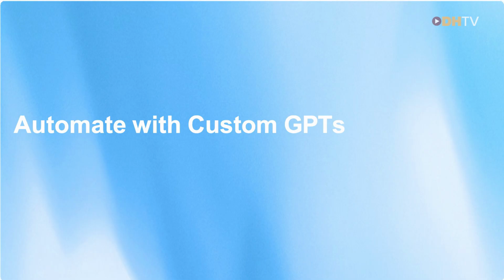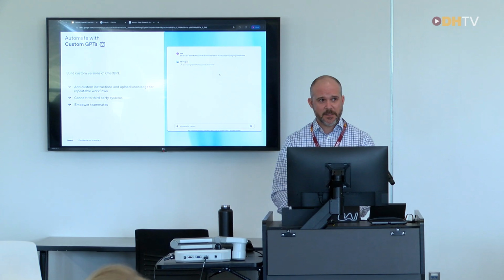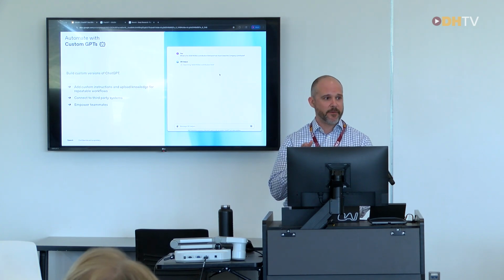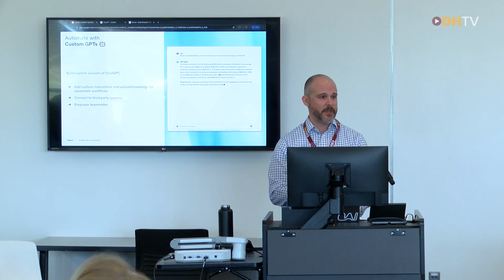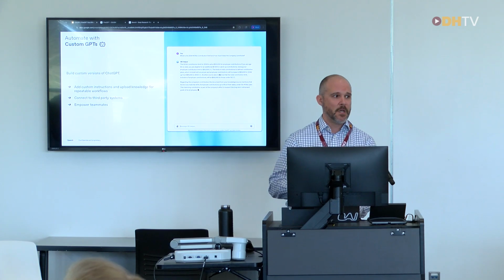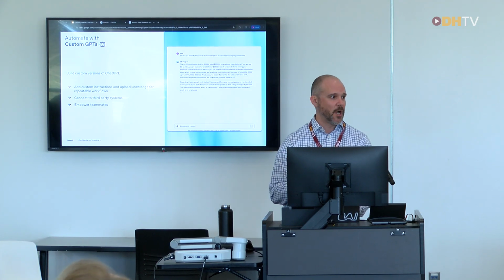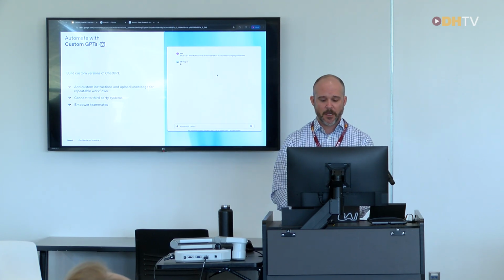Cool. We'll spend a few minutes on custom GPTs. Custom GPTs are basically a tailored version of ChatGPT that you create for a very specific purpose. They combine unique instructions, similar to the projects that we just showed, knowledge, and capabilities where they can actually make calls to internal or external tools to draw in or push out information.